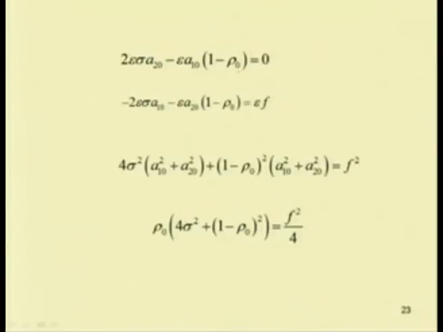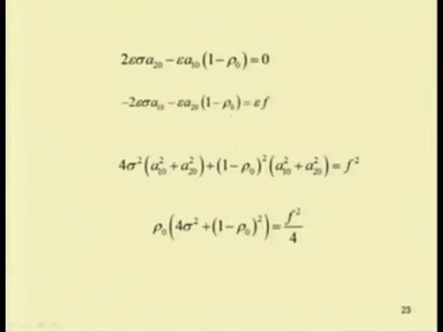By adding the second equation, it becomes plus 4 epsilon square sigma square A10 square plus epsilon square A20 square into 1 minus rho 0 whole square plus 2 into 2, that is 4 epsilon sigma A10 into epsilon A20 into 1 minus rho 0. The right hand side will be equal to epsilon square f square.